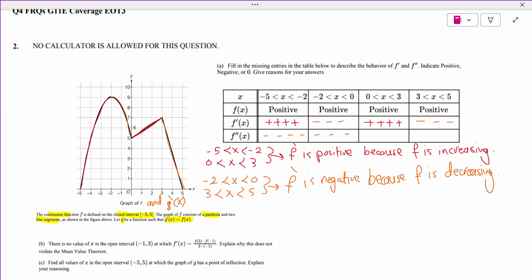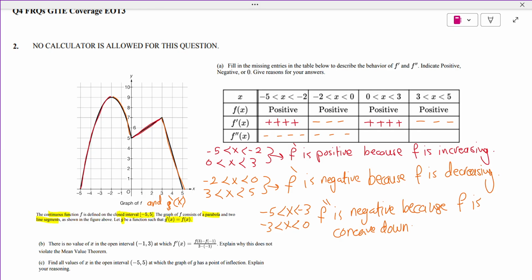So, from -5 all the way to -3 and -3 all the way to 0, f double prime is negative. Why negative? Because f is concave down.